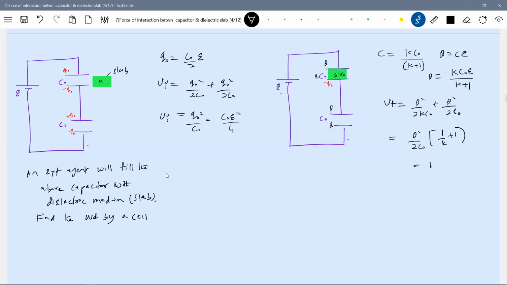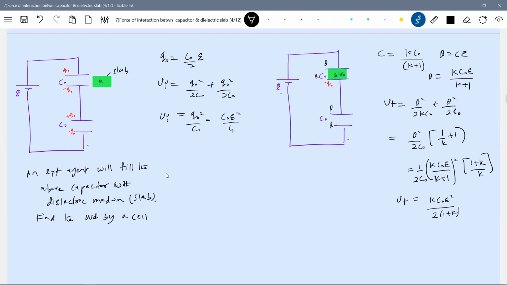Q square value is K C naught E by K plus 1 whole square, by 2 C naught. This will be 1 plus K by K. The K gets cancelled, and C naught also gets cancelled. So the final energy is C naught E square by 2 into 1 plus K.